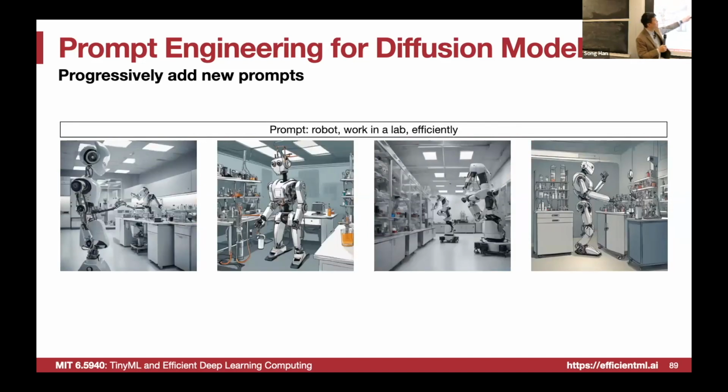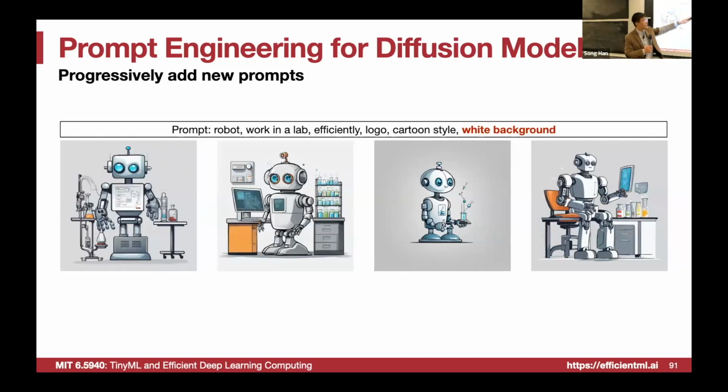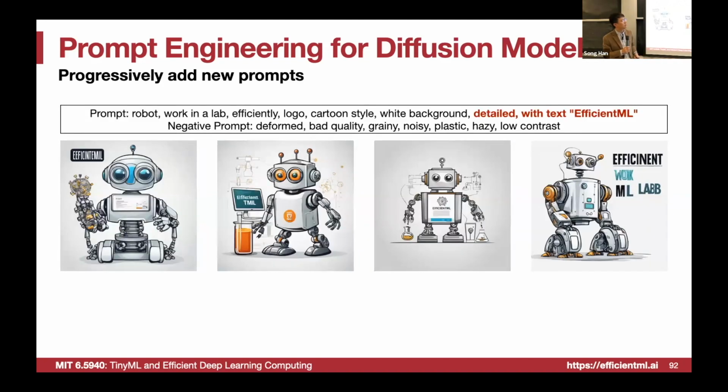Another example: robot working in a lab efficiently. This is the starting point. We want to make it into a logo, cartoon style. Add a white background. And make it detailed with text, efficient ML. This is something the diffusion model cannot do super well these days.